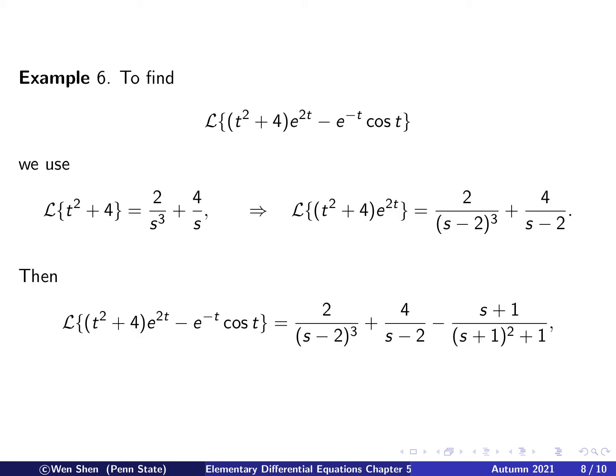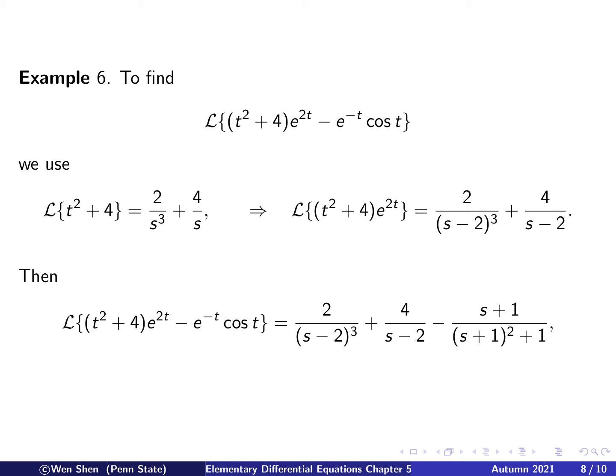Okay, our next example looks like a bit more complicated function. The function is t squared plus 4, the whole thing, times e to the 2t, minus e to the negative t times cosine t. So it basically looks like it has 2 terms, this term and that term.